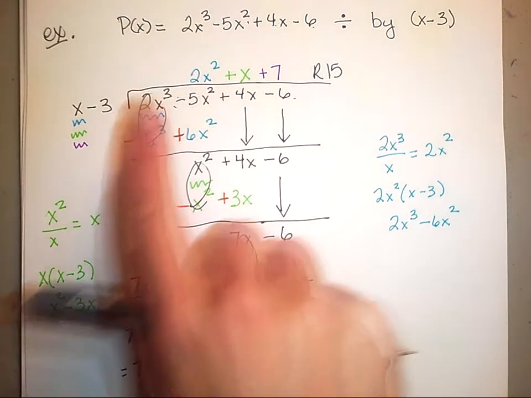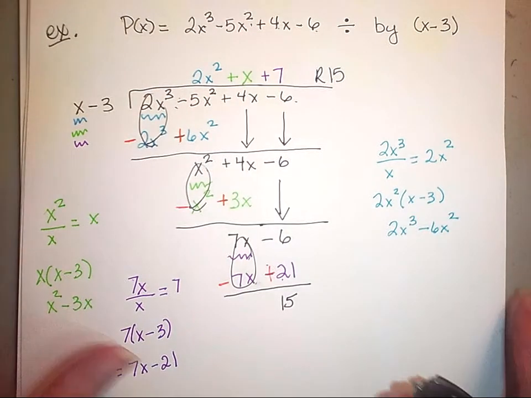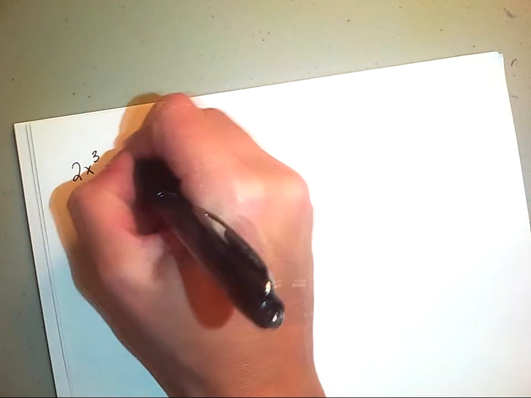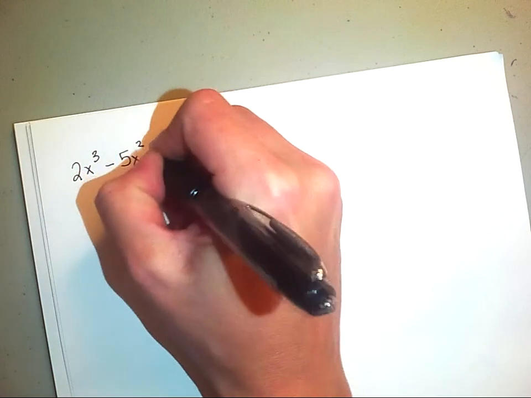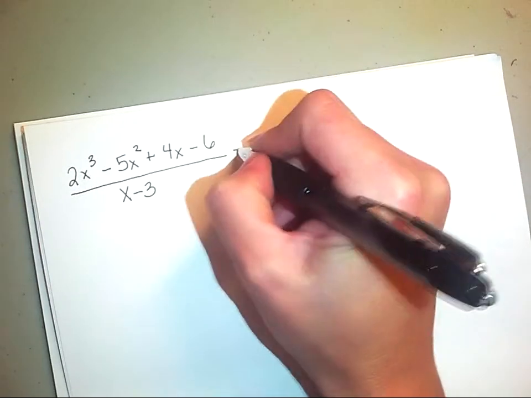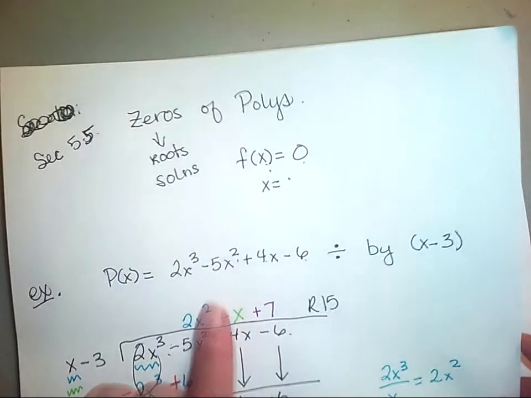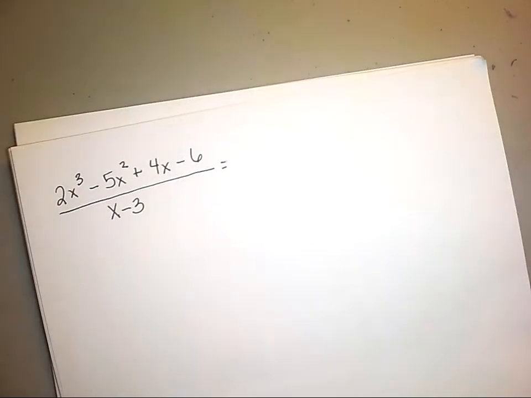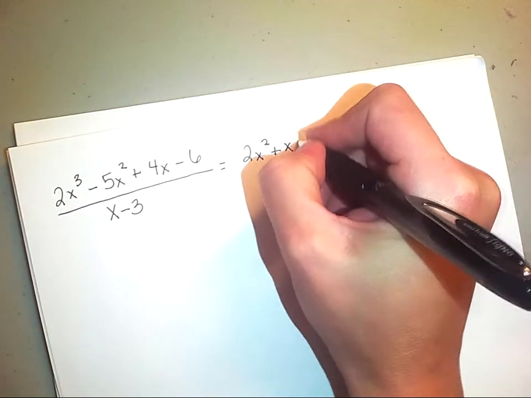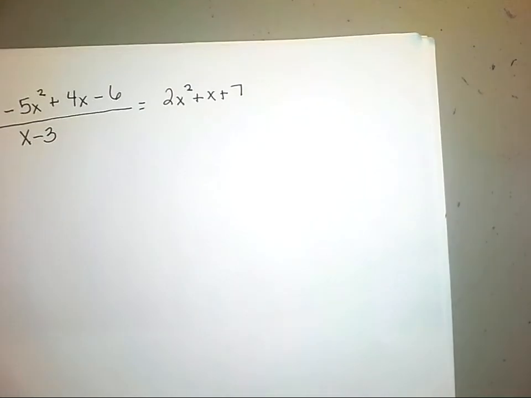Alright, which means we could write this division problem like so. We could write it as our original polynomial, 2x cubed minus 5x squared plus 4x minus 6. Remember, we divided that by x minus 3. Okay. So we found out from here that it goes in a complete 2x squared plus x plus 7 times.